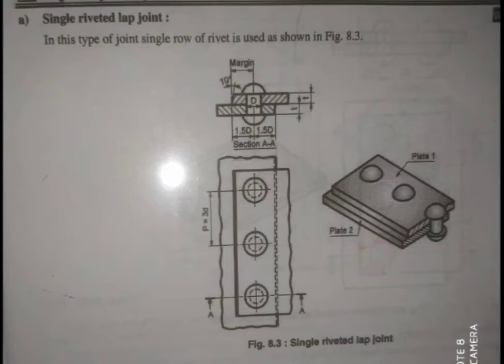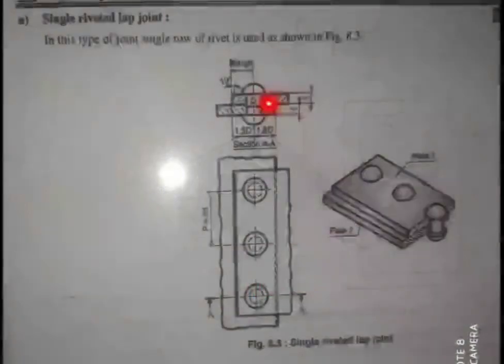Here 3 rivets are shown. The holes are drilled at equal distances along the center axis, as shown in the top view. The size of the hole drilled in both plates is the diameter of the shank.